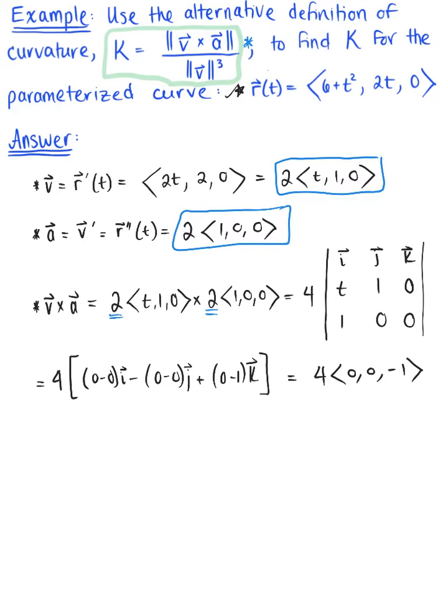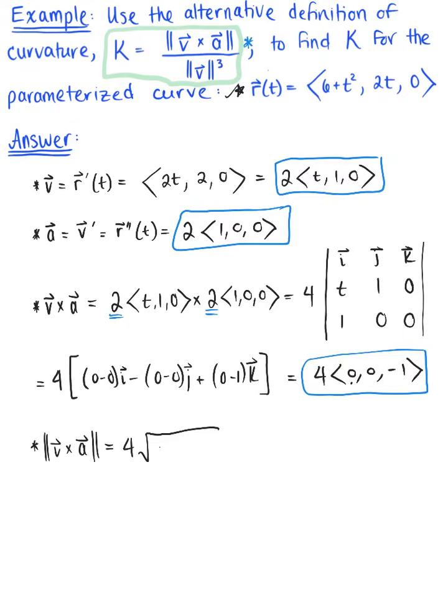So there we have it. There is the cross product of the velocity vector with the acceleration vector. And now we're ready to use this to find its magnitude. So the magnitude of the velocity vector crossed with the acceleration vector, and again, I'm going to keep my scalar multiple 4 on the outside of this distance formula.